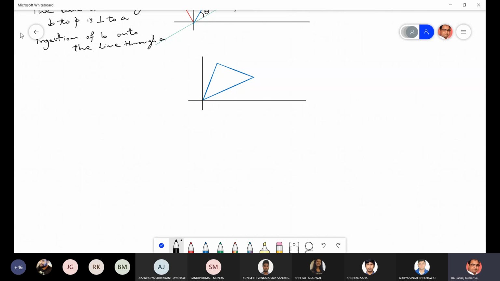Okay, let me take this one. This is my x-axis. This is my y-axis. We are considering this on a two-dimensional plane, which you can extend to any dimension as you like. This is my origin. Let us say this is the vector A. This is the vector B.